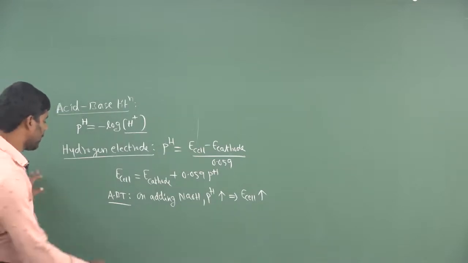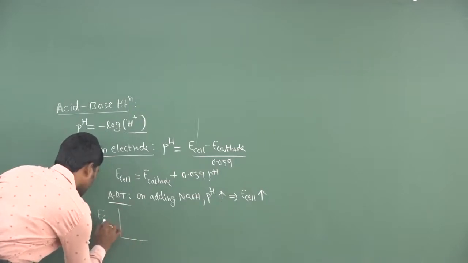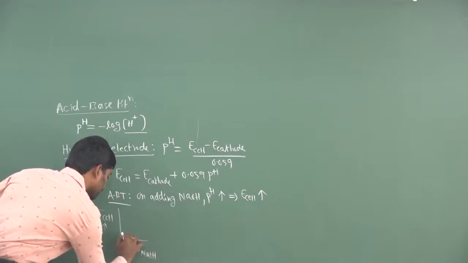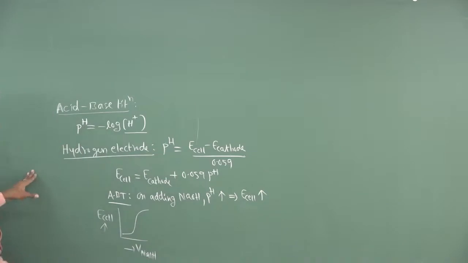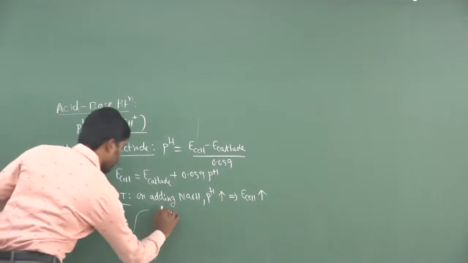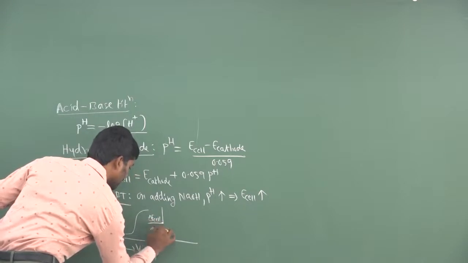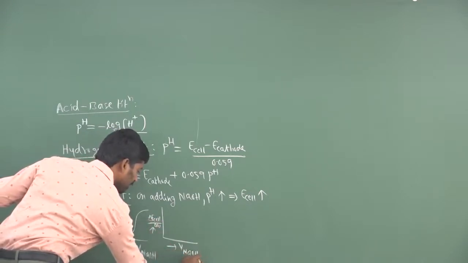Okay. So if you plot a graph between E cell versus volume of NaOH we are adding, we will get a graph like this. Sudden jump in the potential is observed near end point, or we may get by taking delta E cell by delta V versus volume of NaOH.